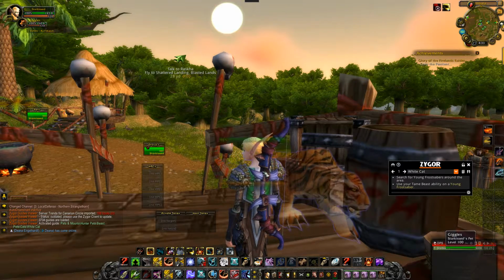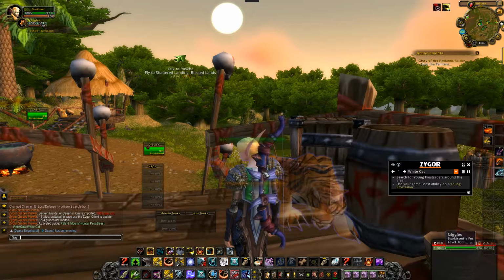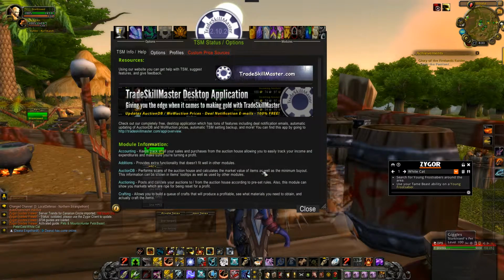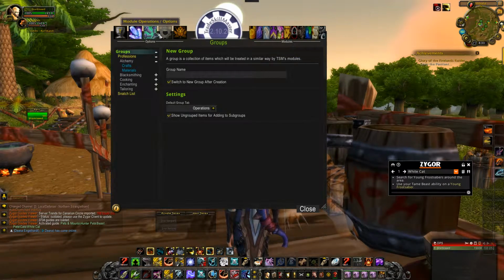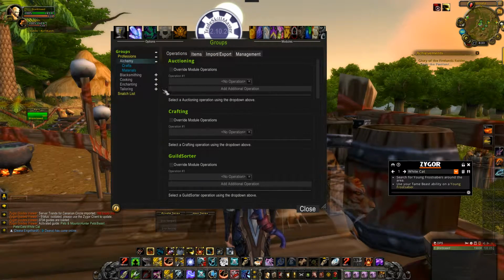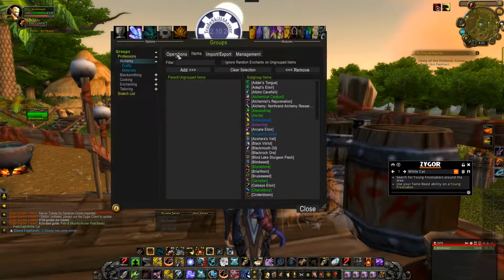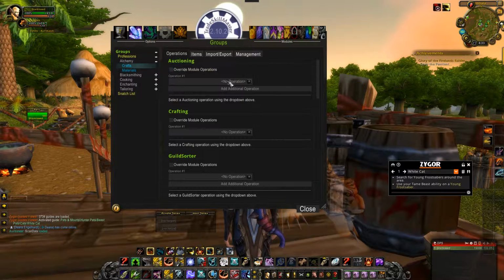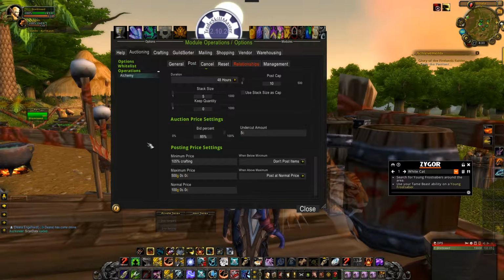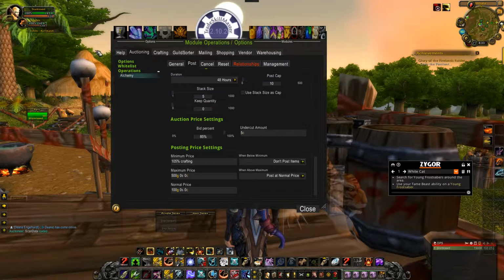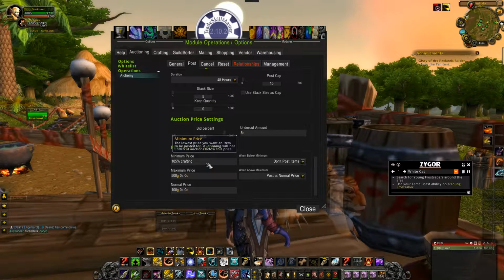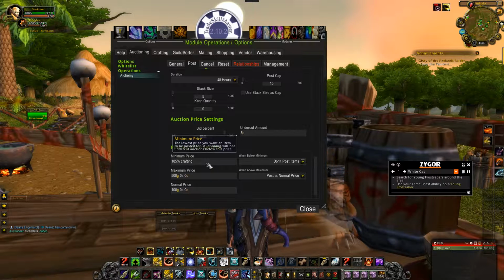Now, underneath the minimum price here, I've made this 105% of the crafting value.